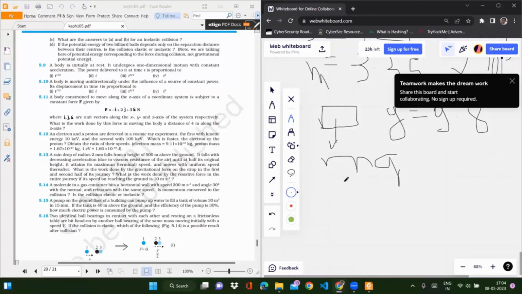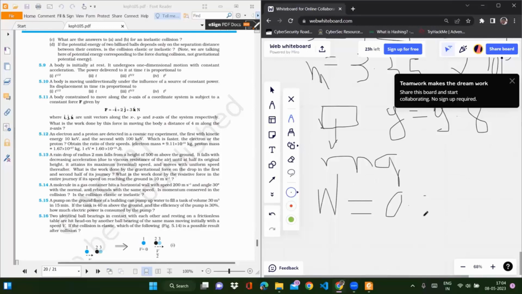As there is no change in mg or the displacement in both the journeys, the first half and the second half, the work done will be the same for both cases. It will be mg into 250, which after calculations comes out to be 0.082 joules.